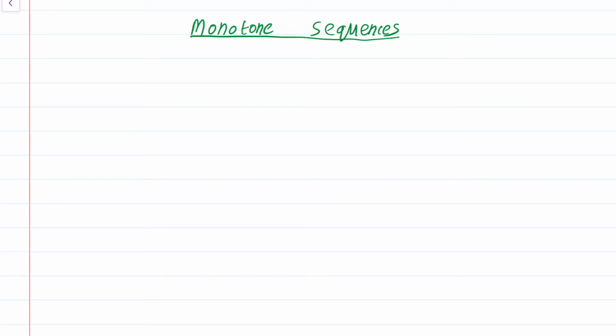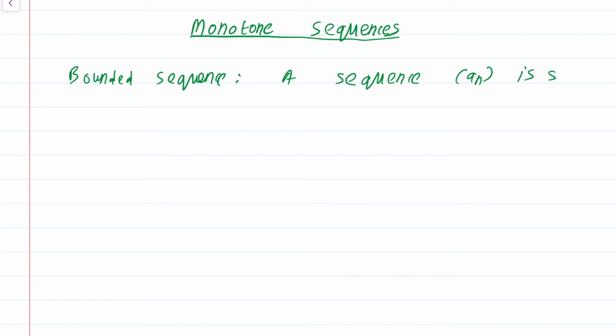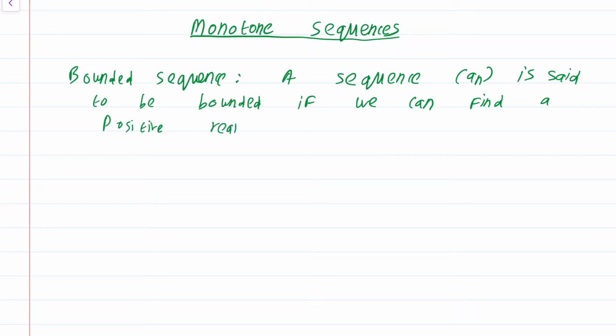The first is that of a bounded sequence. A sequence a_n is said to be bounded if we can find a positive real number capital M such that mod a_n is less than M for all n in the natural numbers.